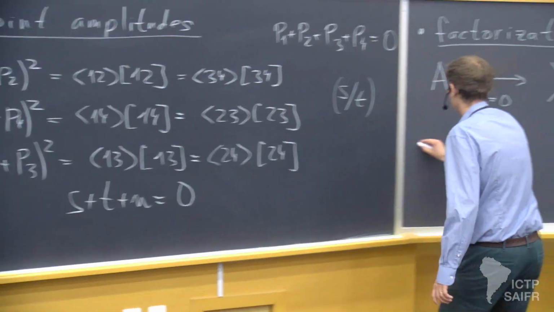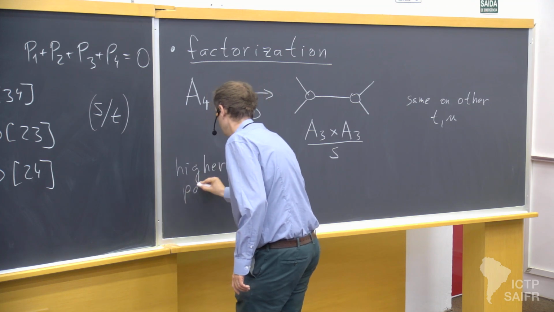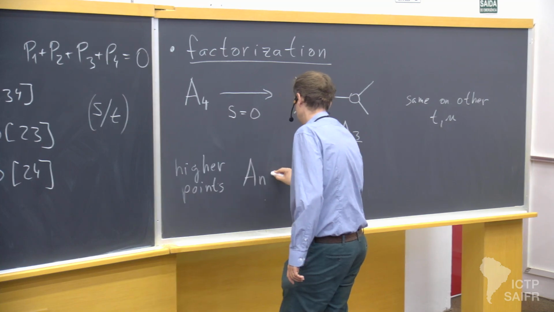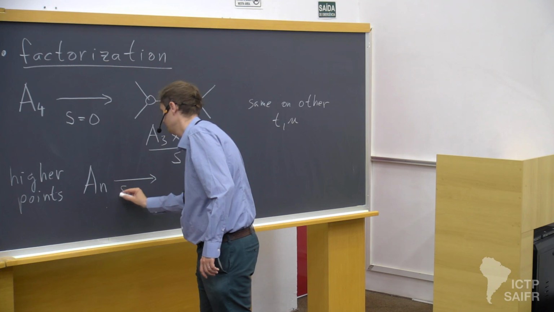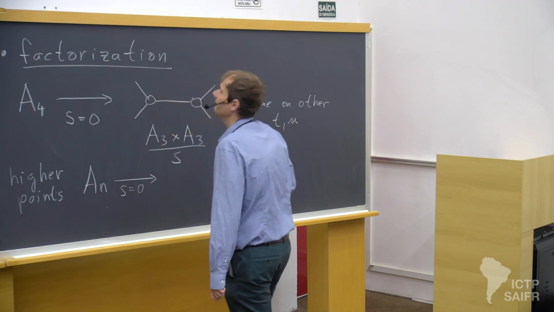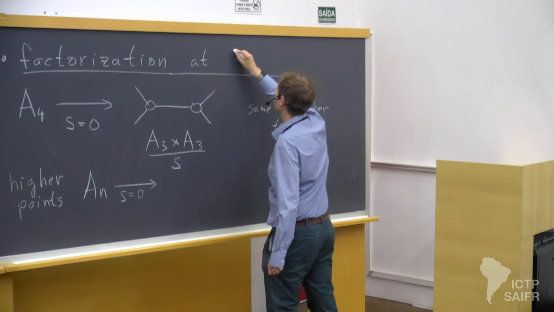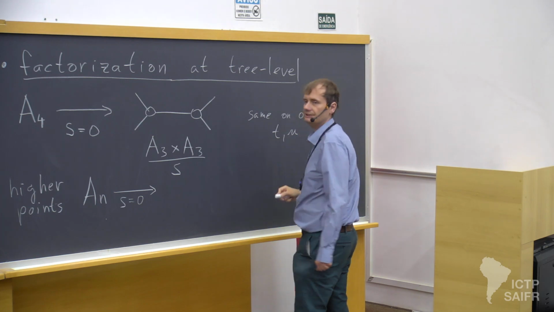This is not something special for 4-point. So we have an n-point amplitude. If you sit on a pole of that amplitude, yeah. So here I have to already say that we are working at tree level. So this is a factorization statement at tree level.